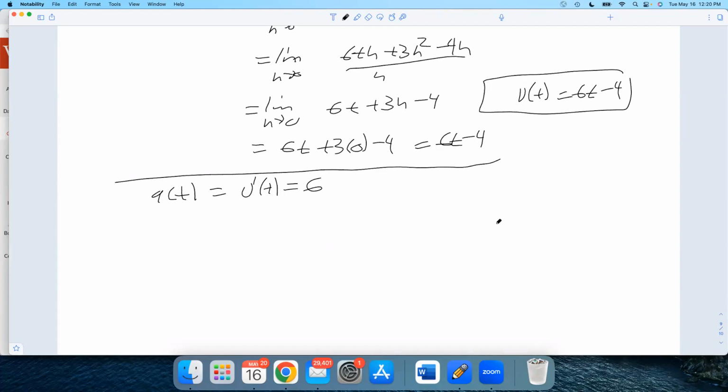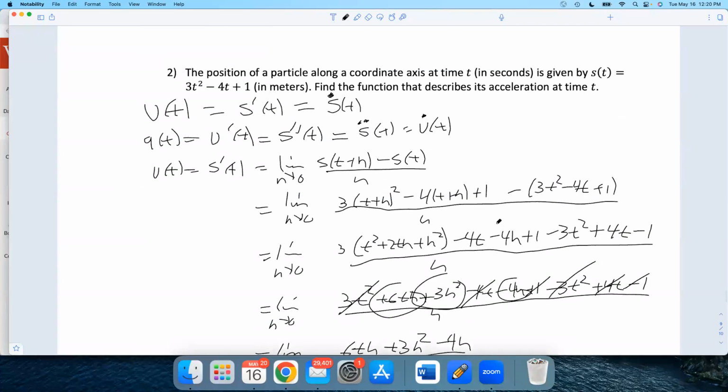Now, what will our units be here? Our original function's in meters. Our time is in seconds. The derivative is always change in y per change in x. I don't have y's and x's here. Time is what's playing the role of x here.